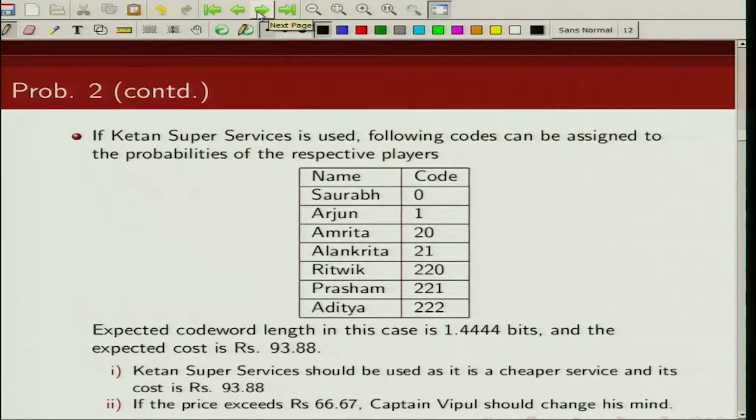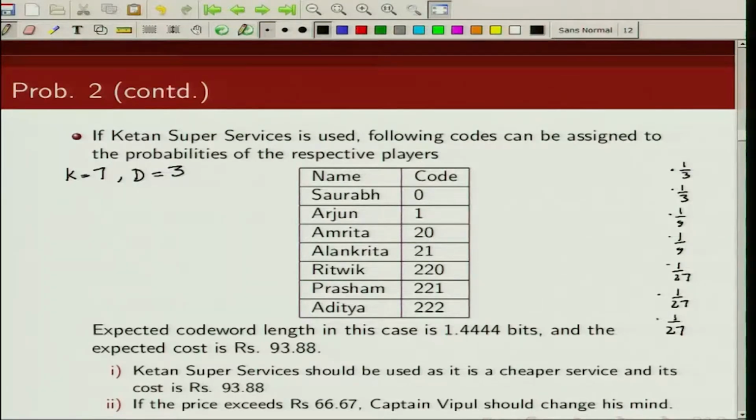Now Ketan Super Services uses ternary bits, right? And we have U, which takes values 1 by 3, 1 by 9 and 1 by 27. So K in this case is 7. What is D? It's a ternary code, so D is 3. So the first thing we need to find out at the initial stage is how many unused leaves there are.